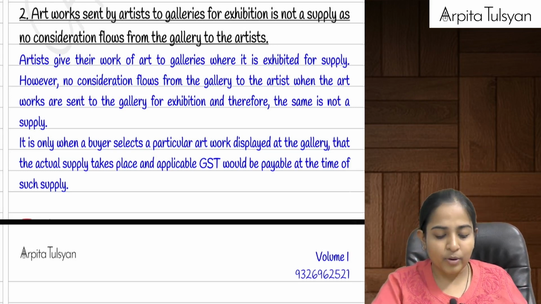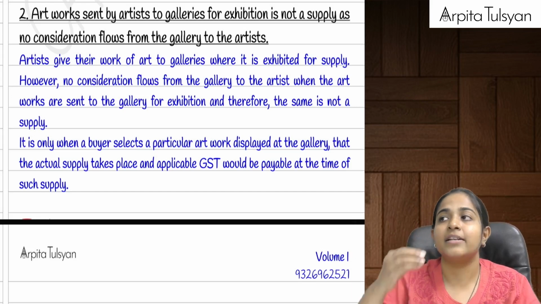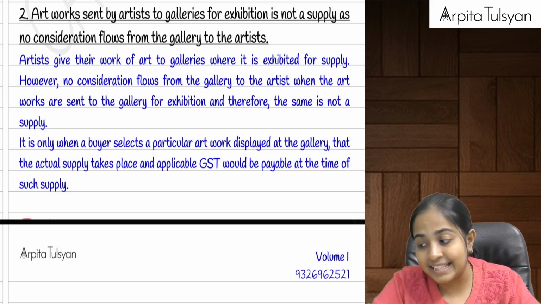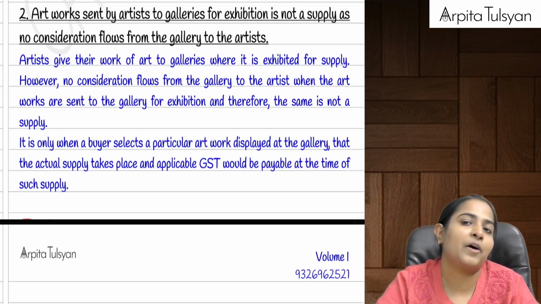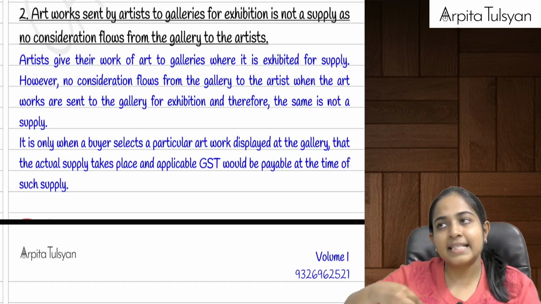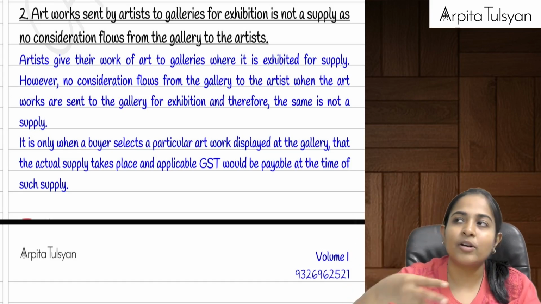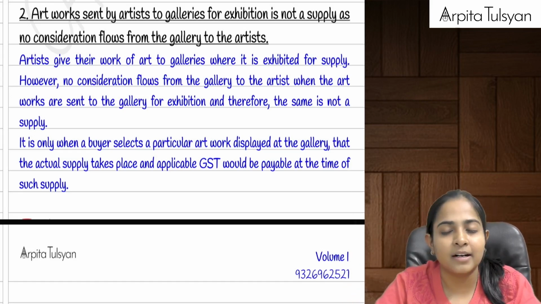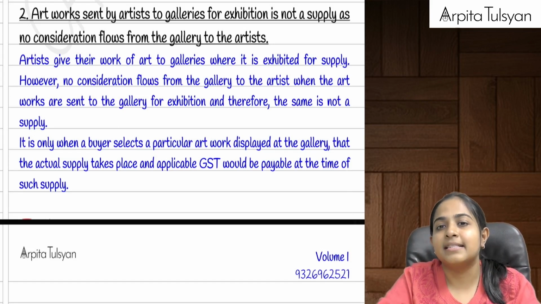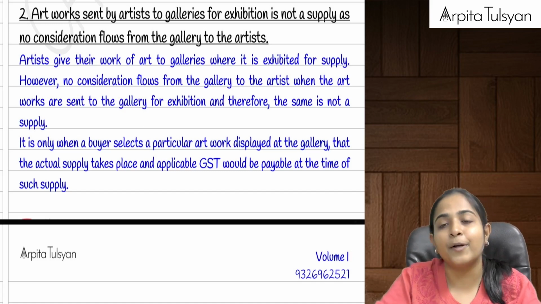Now the question arises here. When I am sending my art items to that particular gallery, at that time, will it be considered as a supply, or will it not be considered as a supply? I am doing it in the course of my business. Yes, there is a transfer of those paintings. But am I going to receive the consideration now, or is it fixed that I am going to receive the consideration?